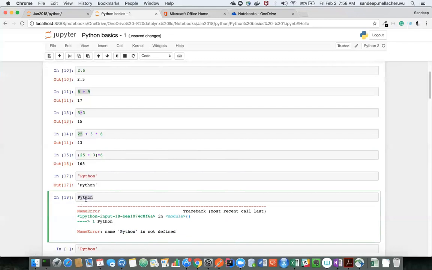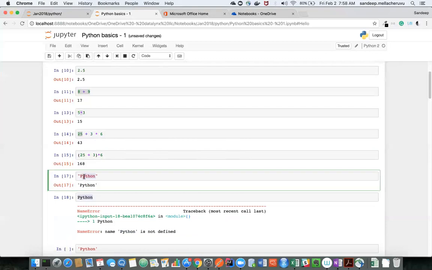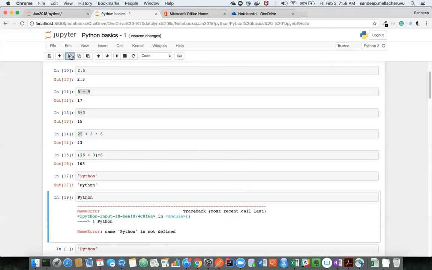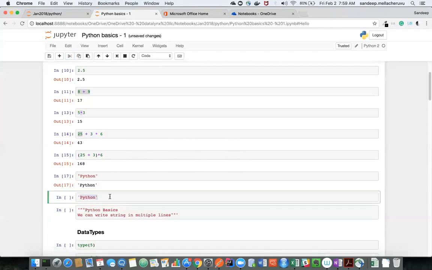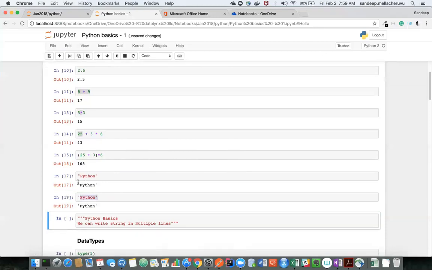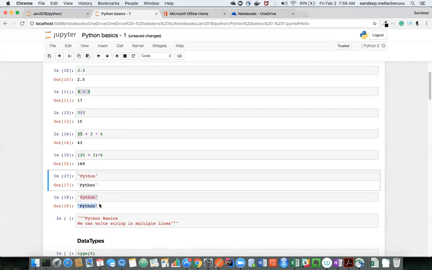So whenever you are using any string, any textual data, always enclose it with quotes. One way to enclose is double quotes, and another way is single quotes. Both are the same. If you see, the output is showing single quote Python. So both are same.